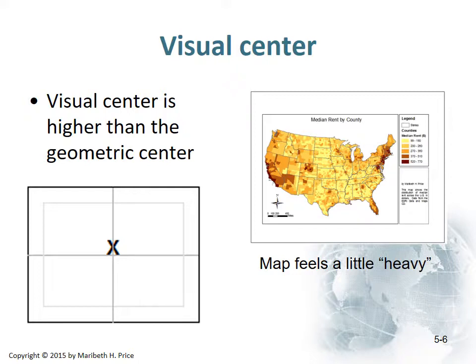If we were to draw these lines across a sheet, bisecting it in half both ways, up, down, and side to side, and we design the map so it hangs a little bit above that, then the viewer is going to sense that map as being centered, even though it's really not. Humans have this innate cross-cultural feeling that being slightly above the geometric center looks better. So this is just something that looks better.